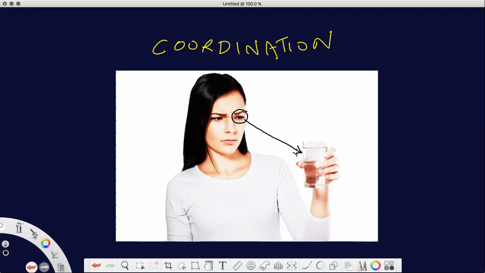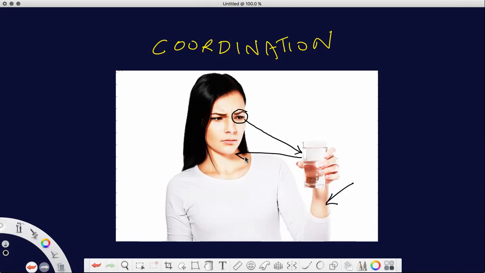Then the glass is visible. After that, the hand goes to the glass and grabs the glass, and they can move the glass towards the mouth. Then only the person can drink water.